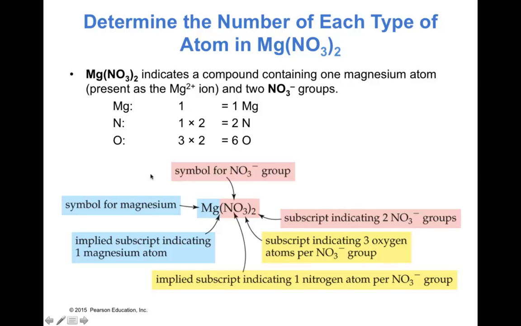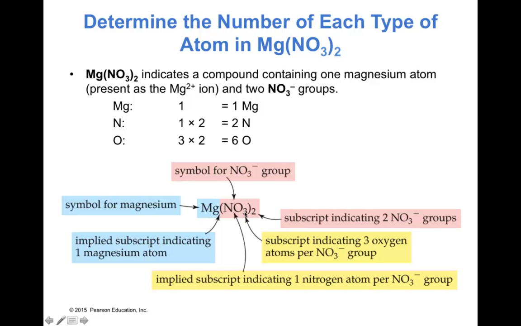While on the right side, we have the polyatomic ion, nitrate, and we can see here that we have 1 nitrogen, because it's implied that we have 1 there, and 3 oxygen. And this is inside the parentheses. Outside the parentheses, we have another subscript. This subscript affects all the things that are inside the parentheses.